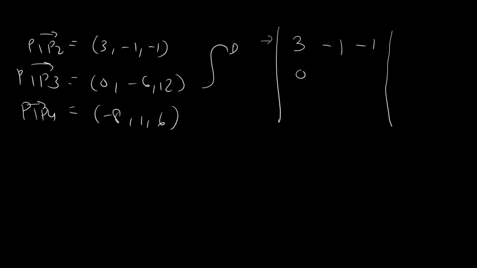So first P1, P2 goes here, the second one goes below it, and the third one here. Now this is to find the determinant. I explained how to find the determinant in my previous video, the first video on section 7.4 cross products. You can watch that. I'm gonna post the link in the description below. If you find the determinant, this gives 0. And since the determinant gives 0, these points are indeed coplanar.